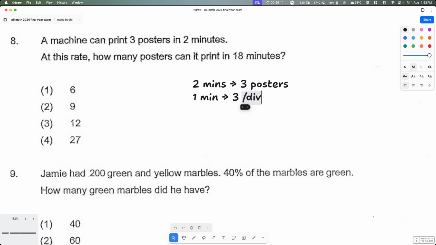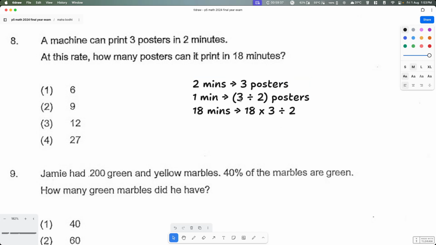And then for 18 minutes, this is how I usually do it: basically 18 times 3 divided by 2.